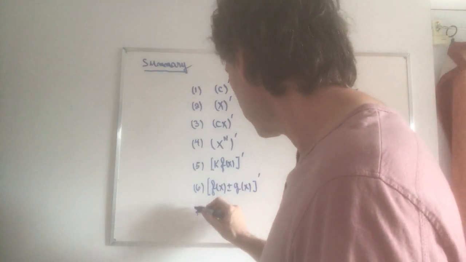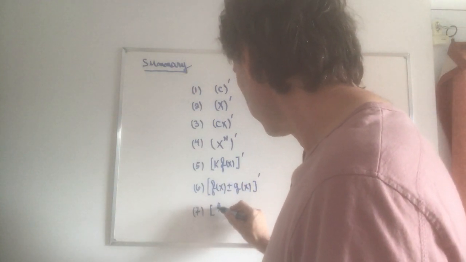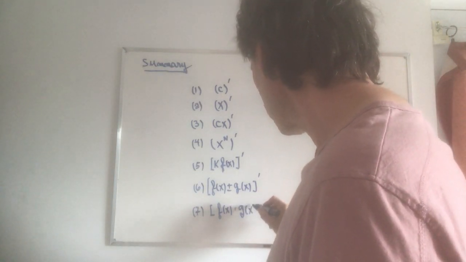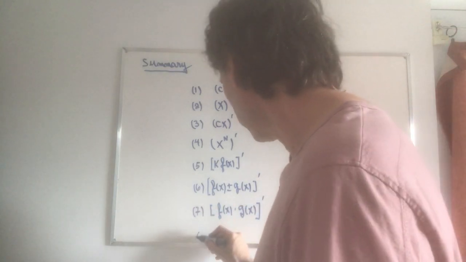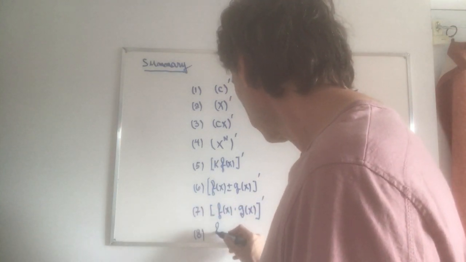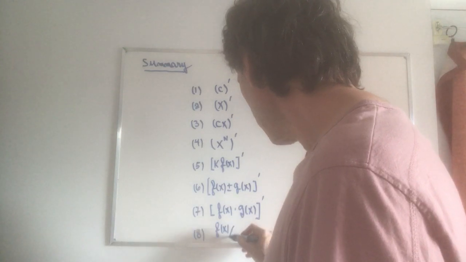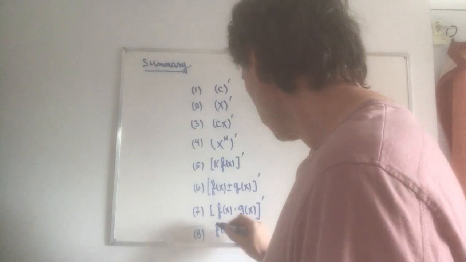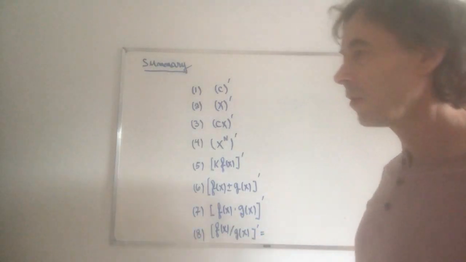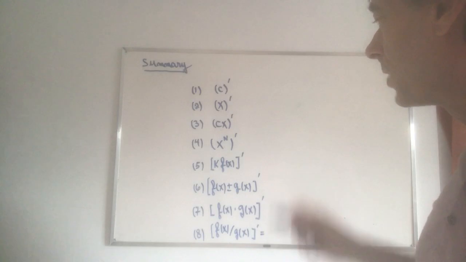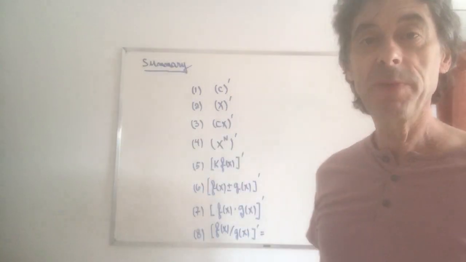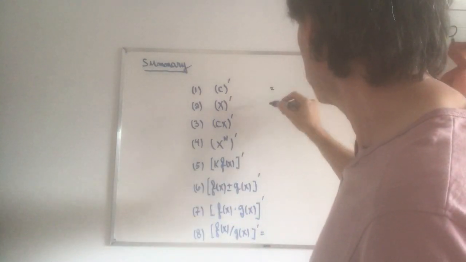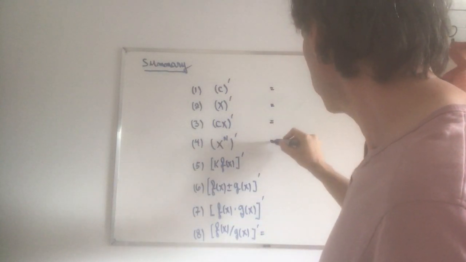The ones we added today, we have f times g as well as f over g for rule number 8. All right, so I'm just summarizing these so that we have them in our notes in one page, so we only have to turn to that one page when we are working problems on Zoom. So what are those?